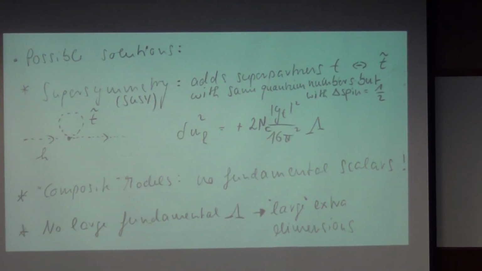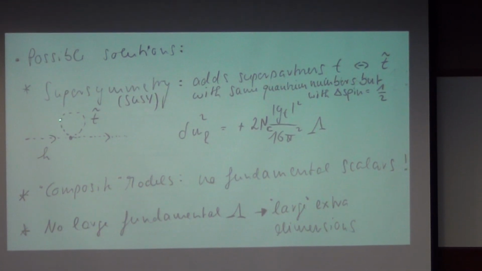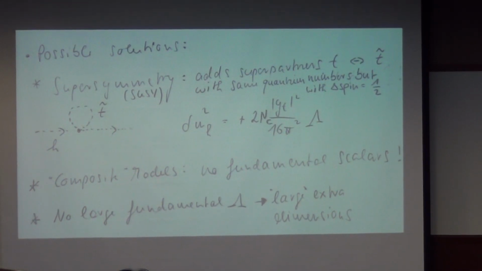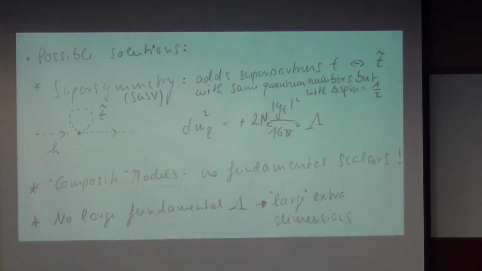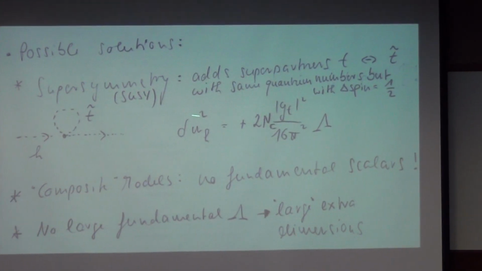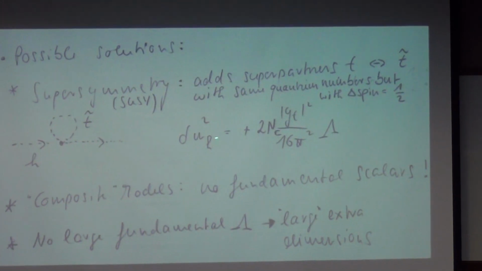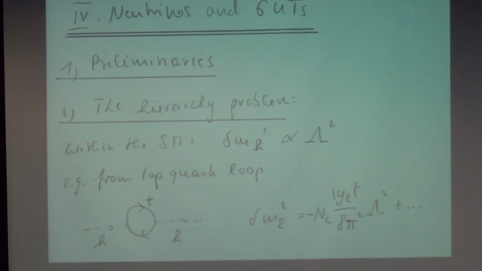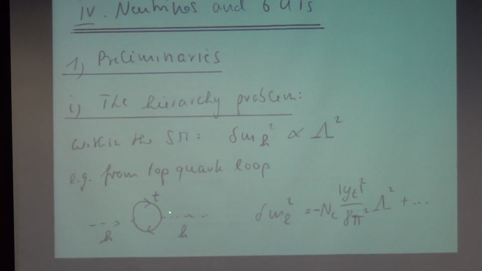For instance, here, instead of this fermion loop, we have a loop of the so-called stop, the scalar partner of the fermionic top quark of the Standard Model. And if you calculate this diagram, it has basically the same properties, the same couplings and so on, then you find such a contribution to the Higgs mass. And if you look back, this is exactly cancelling the contribution from the top quark. So we have the same degrees of freedom.